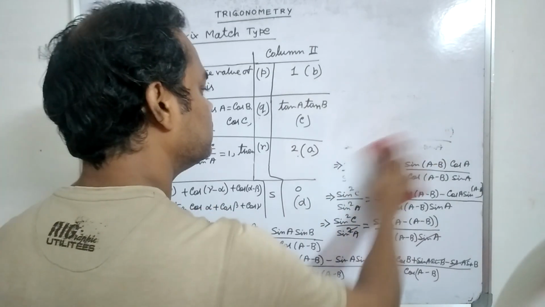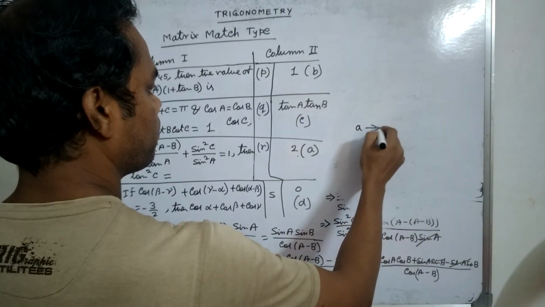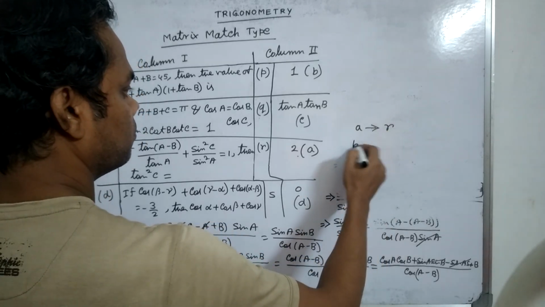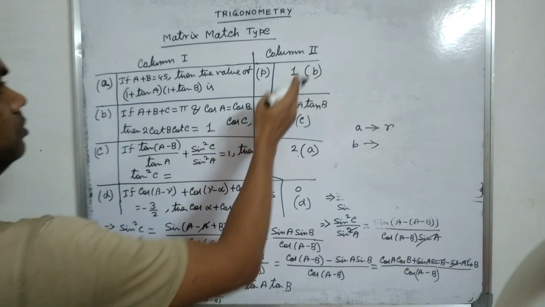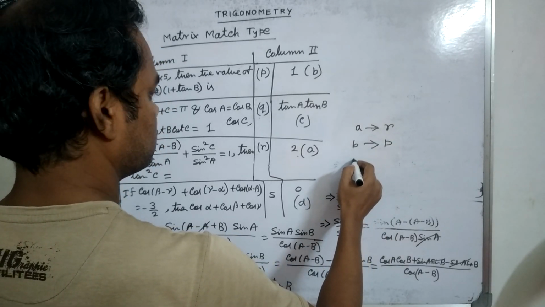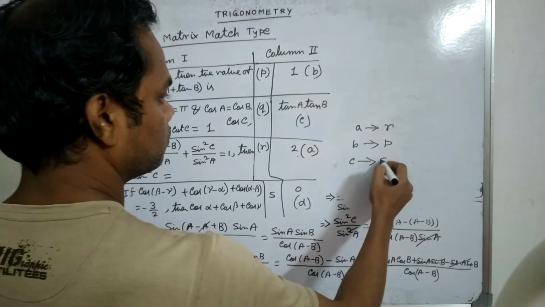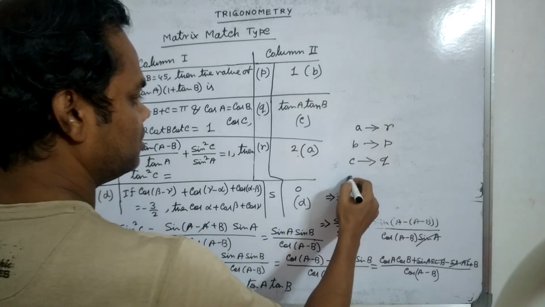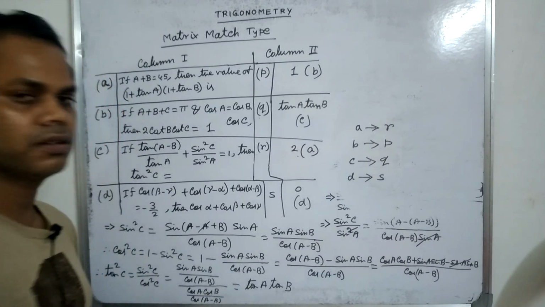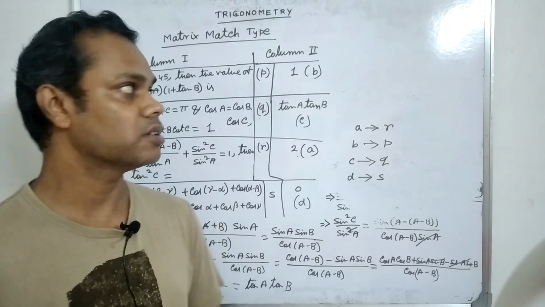So the final answer is: A matches to 2, A matches to R, B matches to P, C matches to Q, and the rest of the matching is D, obviously matching with S. This is the final answer. In the next video on this topic, we discuss a few more sums on MCQ of trigonometry.